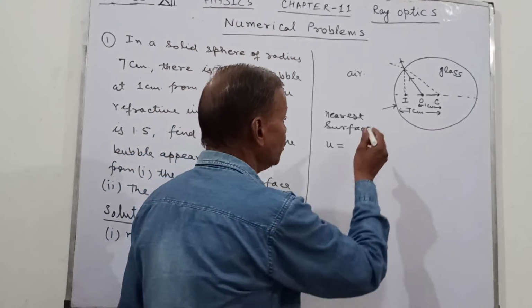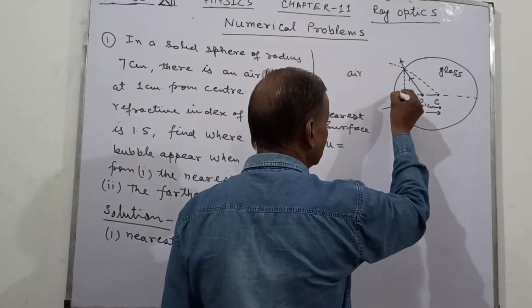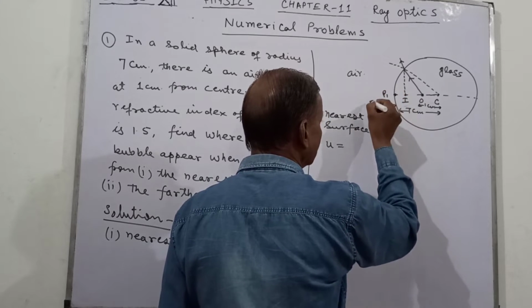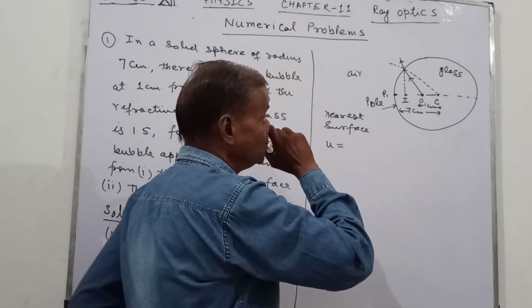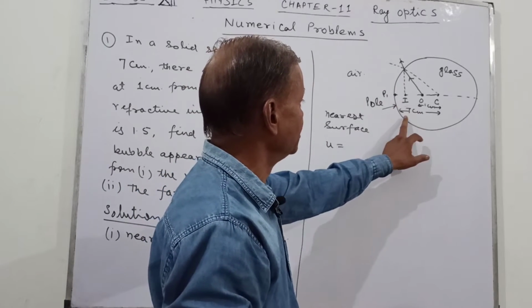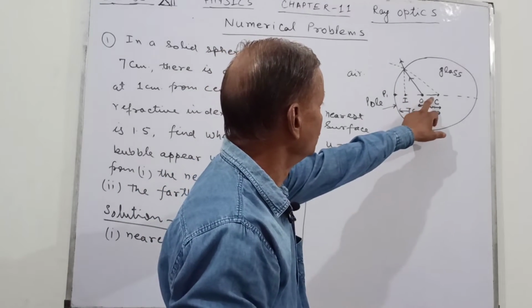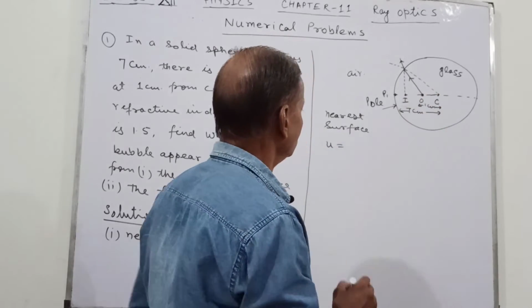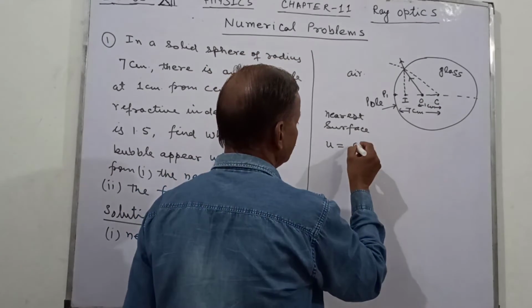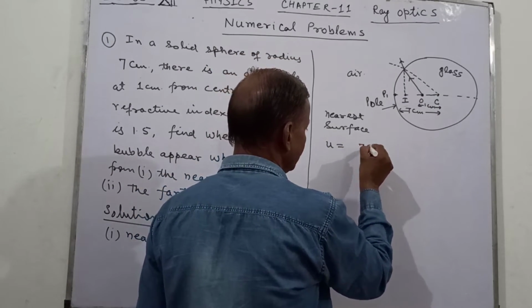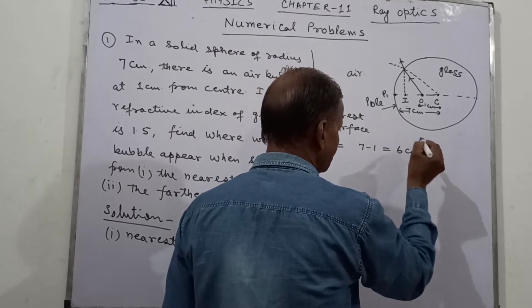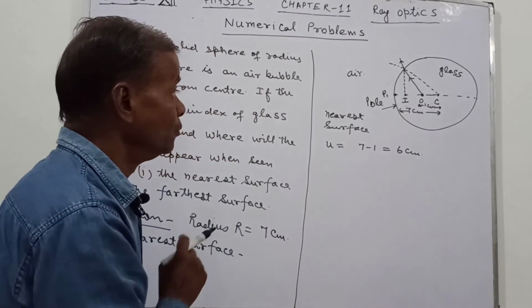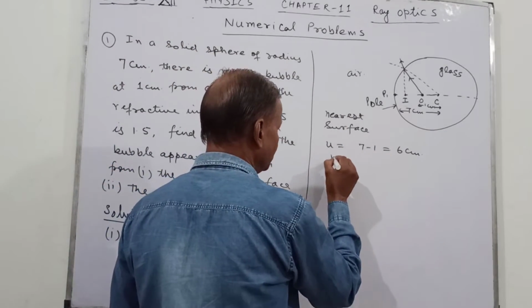So this is the pole, P1. From here the distance will be measured. So U is how much? This is equal to 7 minus 1, which is 6 centimeter. V you have to find.